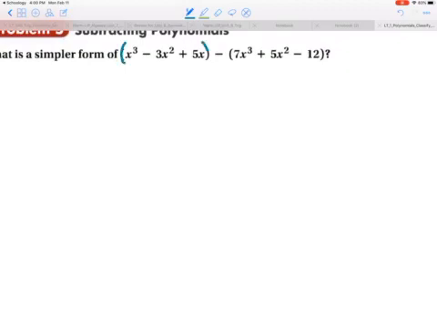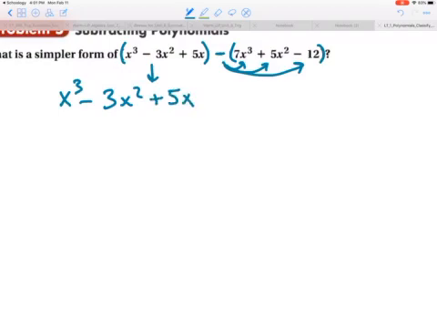Notice we have this polynomial subtract this polynomial. When you subtract polynomials, you are subtracting each of the terms in the second one. So what you do is you rewrite the first one, x cubed minus 3x squared plus 5x. But when you distribute the negative into the next one, you are multiplying a negative into each one.